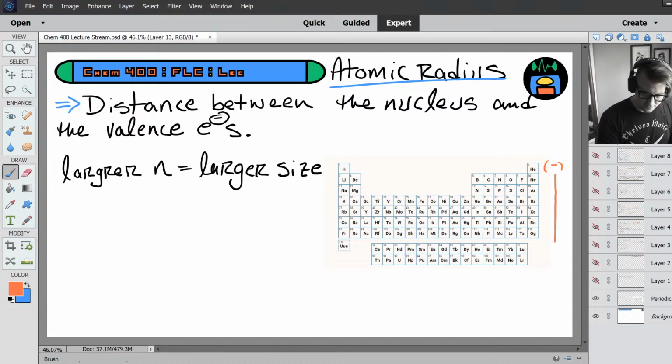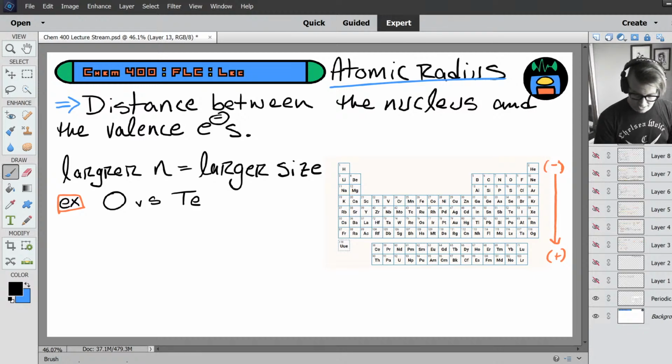So the smallest atoms are going to be closest to the top. The largest will be closest to the bottom. So if I asked you which atom was larger, oxygen versus tellurium, right?